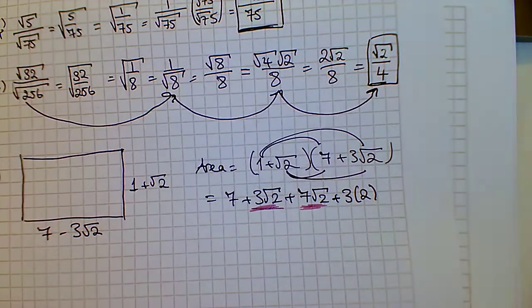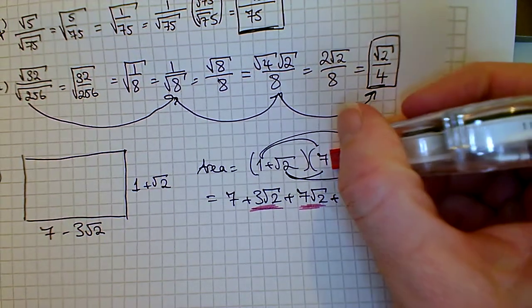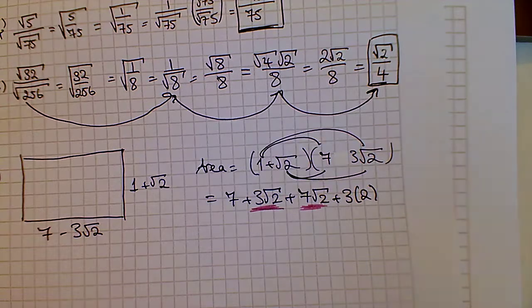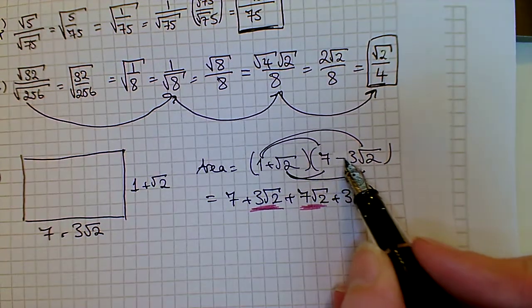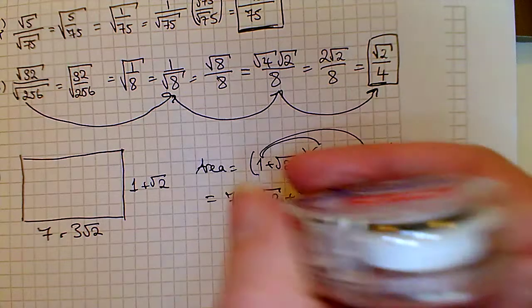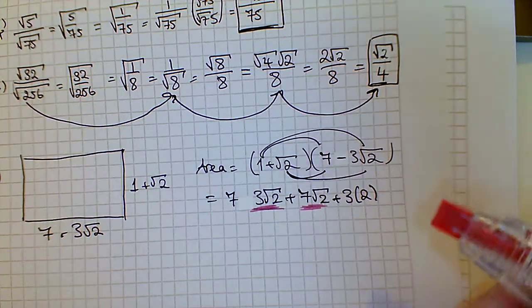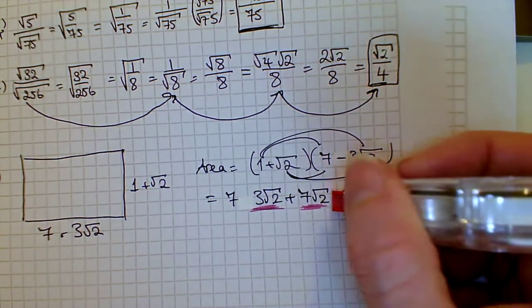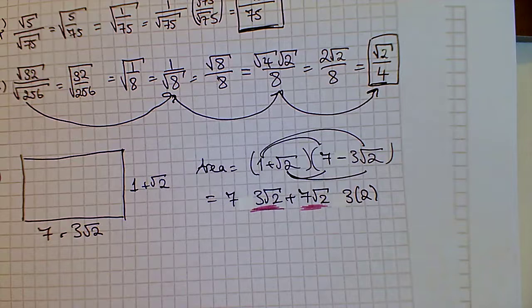I made a small mistake there with my signs. This was minus. I have minus here. I should have minus here, which means I have a minus here, and I have a minus here. Let's be careful with my signs.